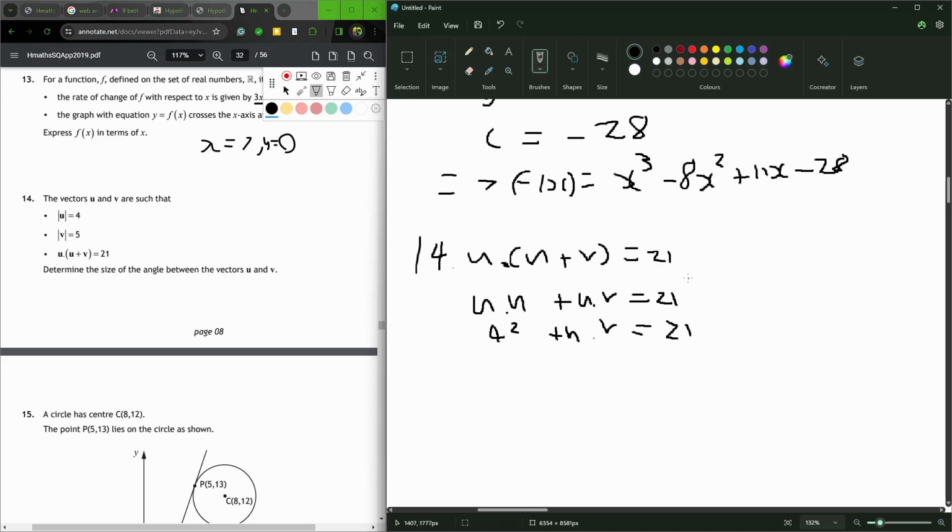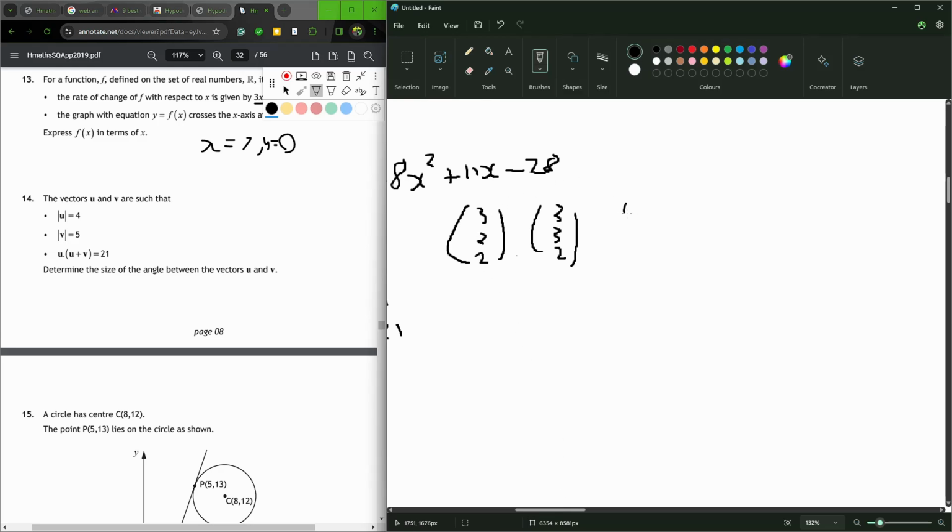Remember, the dot product is when you have two vectors, you multiply them out. So if I've got a 3, 3, 2 vector and I'm dotting it with itself, then it would be 3 times 3, which is 9, and then we add that to 9, and then we add that to 4.